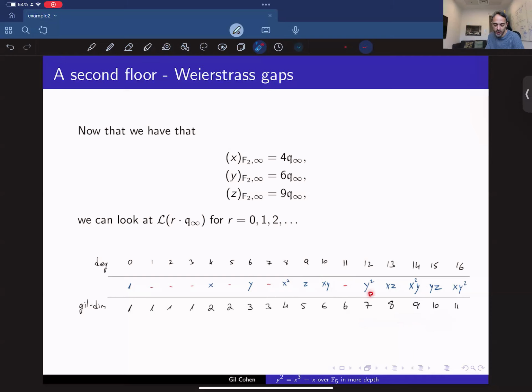So in 12, I can use Y squared, 6 plus 6. At 13, I can use X times Z, right? 4 plus 9. 14, I can use 2 X's, which gives you an 8 plus Y, which gives you a 6, and so forth. Okay, so it's kind of nice to see that this tells you where the potential gaps are.